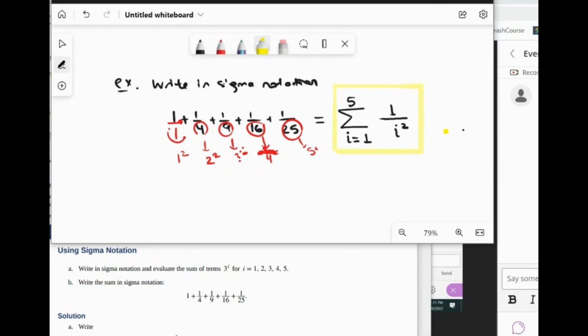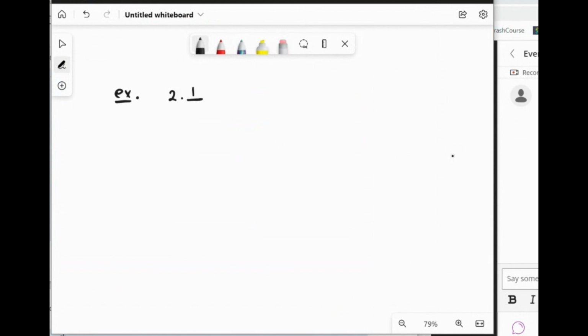Instead of writing them all one by one, it is just a shortcut for adding several numbers. Now consider 2 times 1 over 1 plus 2 times 1 over 2, 2 times 1 over 3 plus 2 times 1 over 4 plus 2 times 1 over 5. How can we write it in sigma notation?